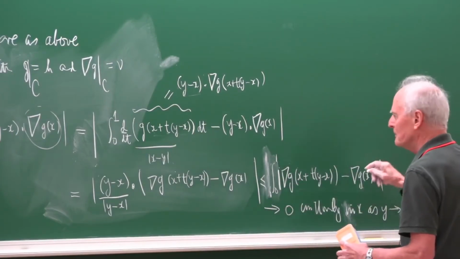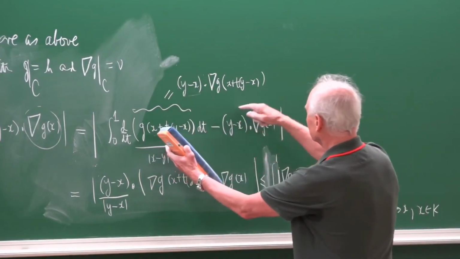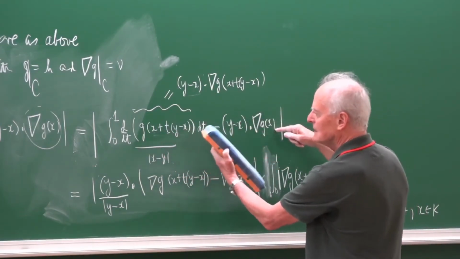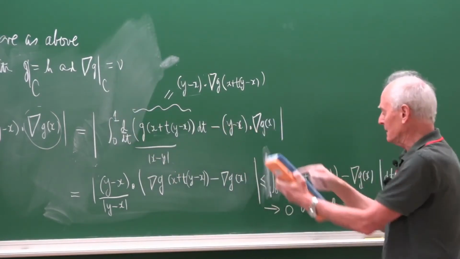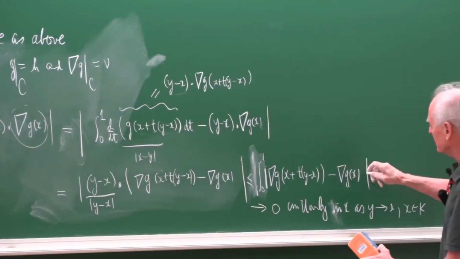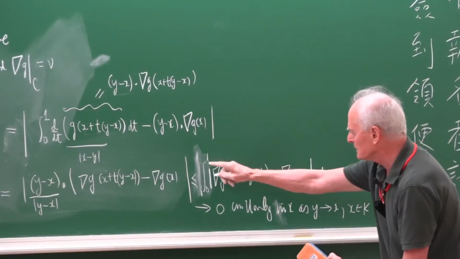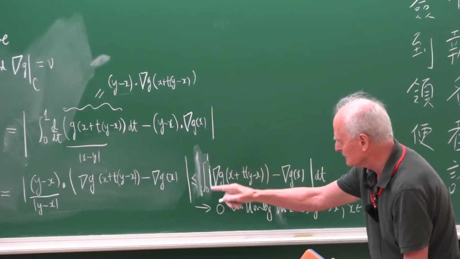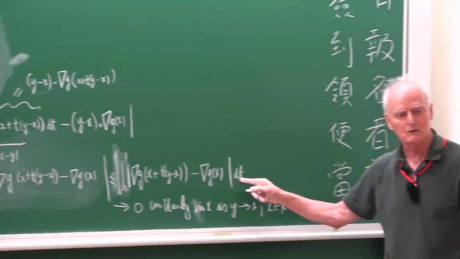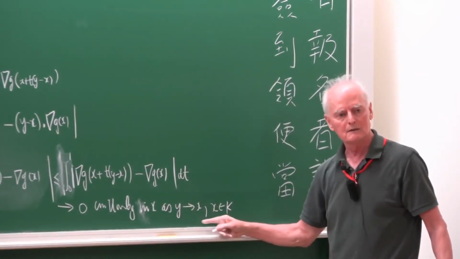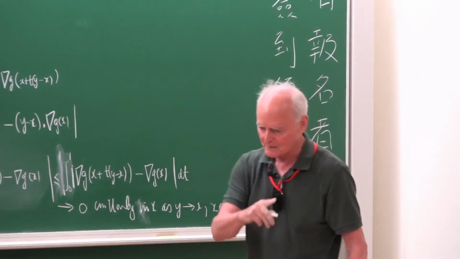Notice you can put this term inside the integral, because the integral from 0 to 1 of this constant is equal to the same thing. So I can rewrite this as less than or equal to the integral from 0 to 1 of the absolute value of the difference dt. So there's still an integral there, but it doesn't change this statement. Yeah, thank you.